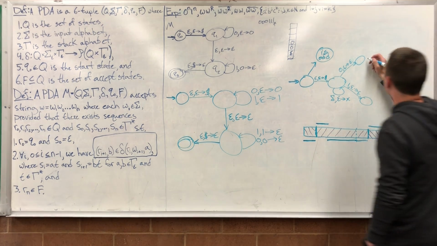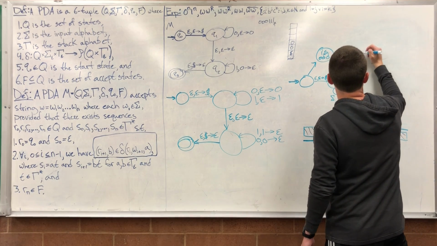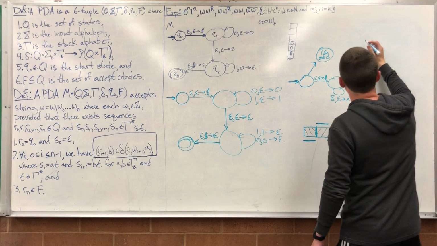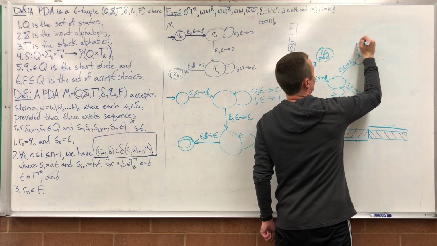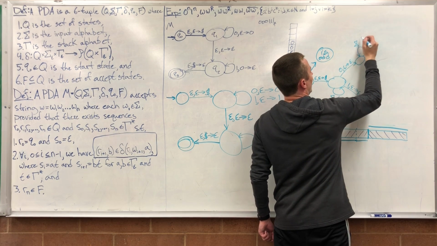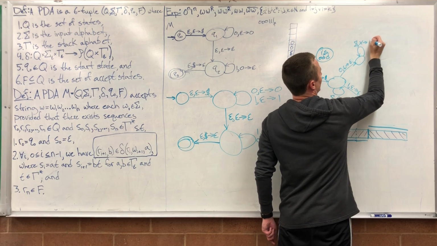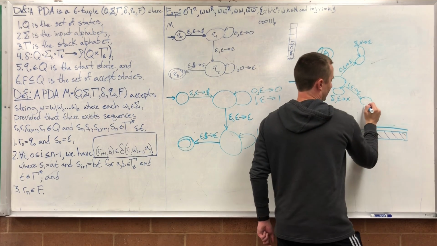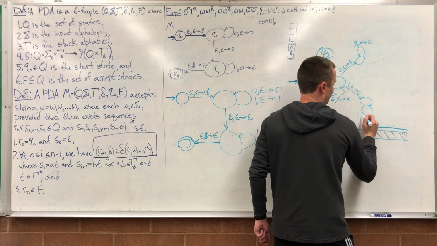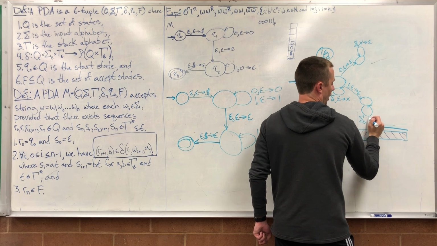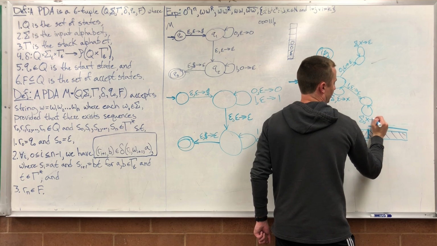Right? So then, in this state, for every symbol I see, I'm going to pop an X, and I'm going to push nothing. And similarly down here, for every symbol I see, I am going to pop an X and push nothing.